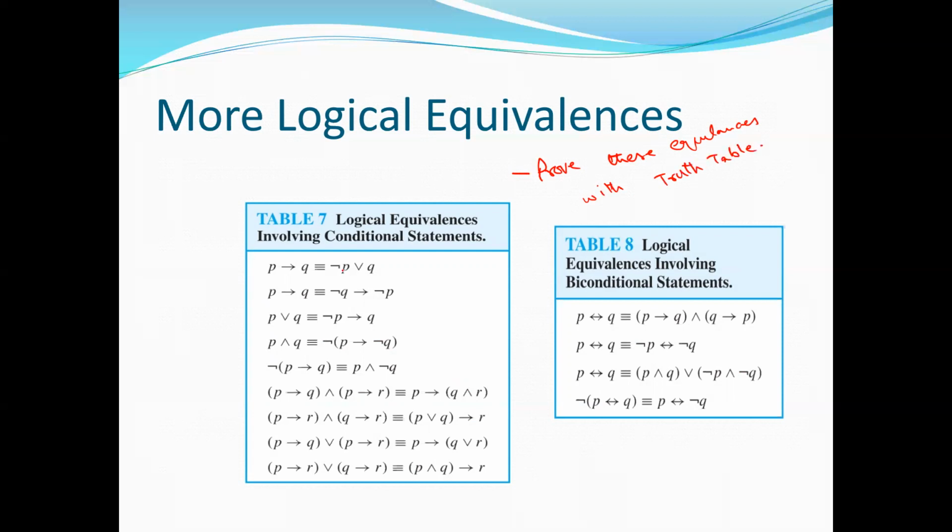What does it mean? You have to create the truth table for all these statements, and you have to prove that. Just for example, this one: you have to create a truth table in order to show that this is logically equivalent to this one. This is proven already, but you need to prove it using the truth table. Is that all clear?